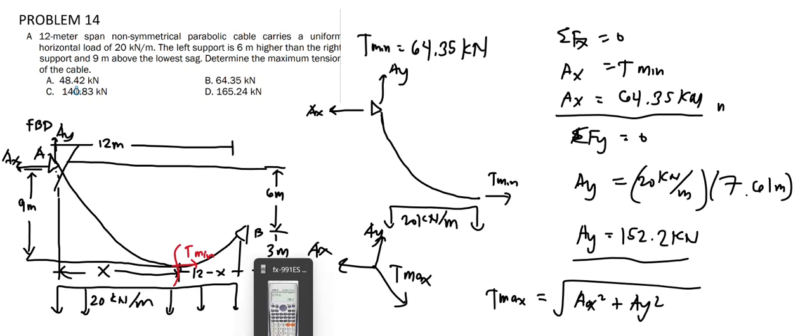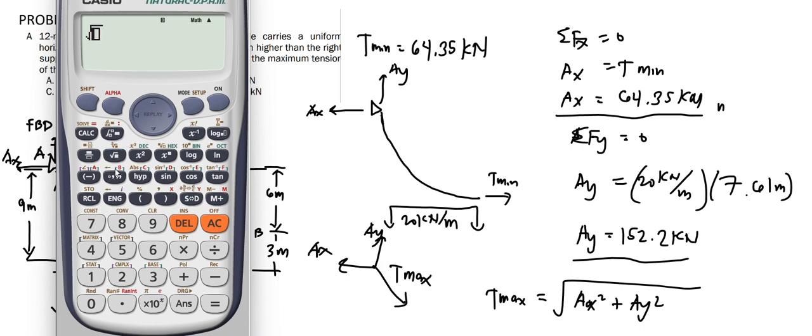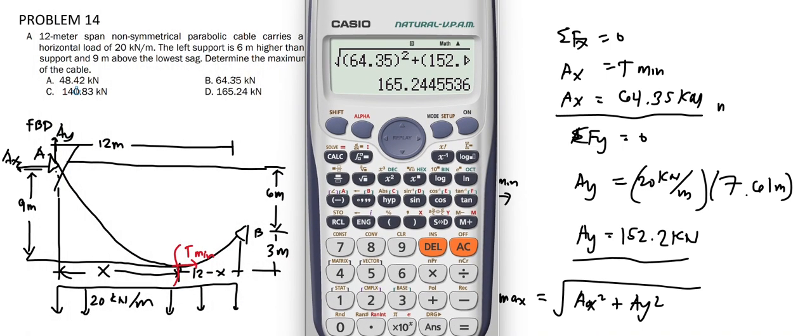Since we have the value for AY and AX, we can now directly plug in these values into our equation. We have AX that is 64.35 kilonewton squared plus 152.2 squared, which is equal to 165.24. And that is letter D.